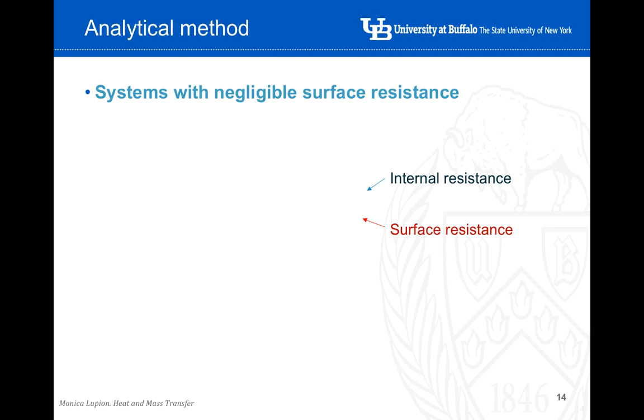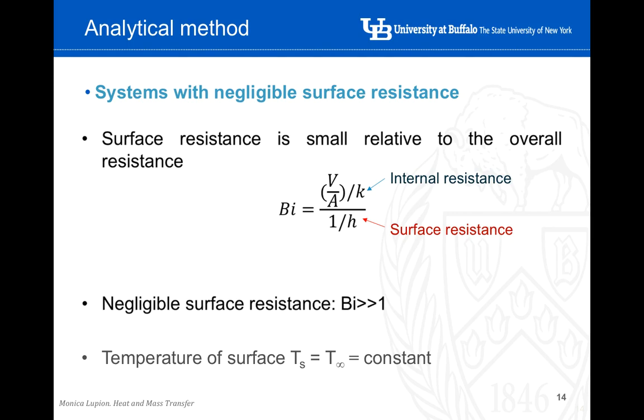Okay, so I mentioned that we're going to consider two different conditions. One is systems with negligible internal resistance, and the second case is when there is no surface or external resistance.